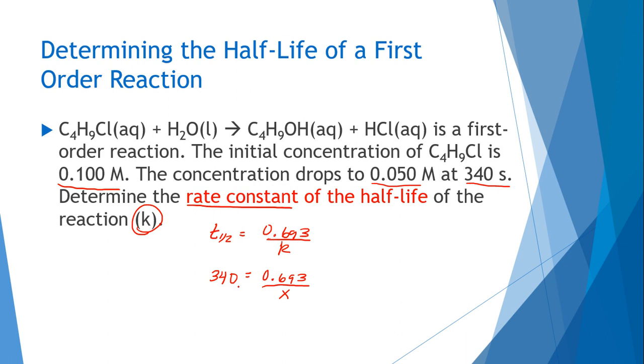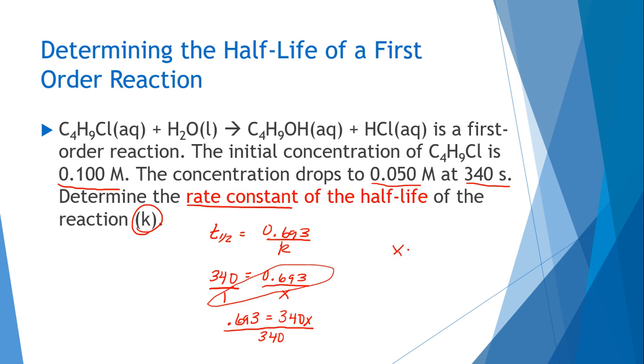From here, it's a simple solve for x. I like to set things up as a proportion and cross multiply and divide. So if I set it up as a proportion, I have 0.693 equals 340x. I'm going to divide by 340 to get x by itself.